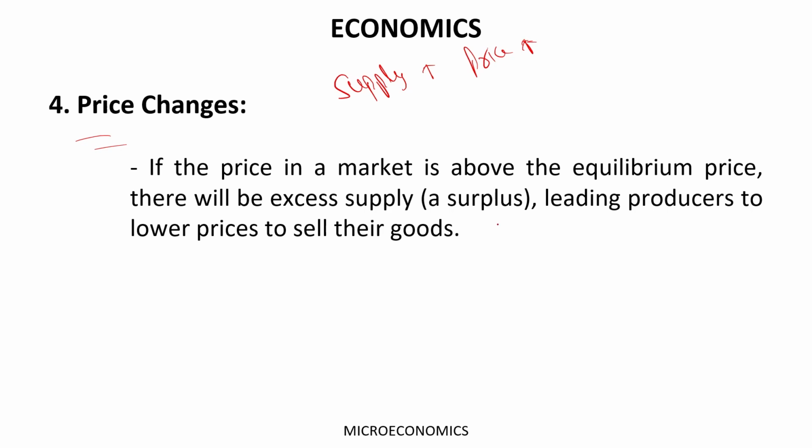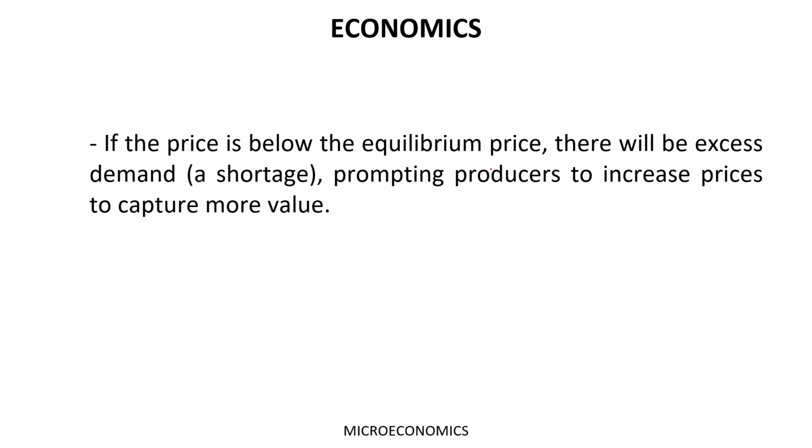So whenever the price goes up, automatically the supply goes up because producers will try to sell more and more so that they could earn maximum profit. Got it? If the price is below the equilibrium price, there will be an excess demand, a shortage, prompting producers to increase prices to capture more value.